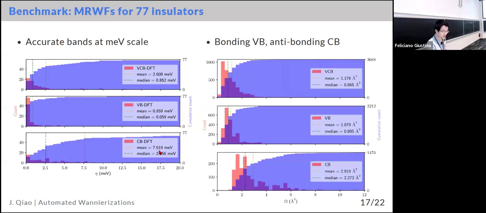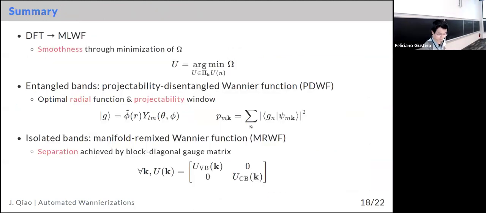This can be explained by the localization of the orbitals. As you can imagine, the bonding orbitals should be more localized. Indeed, these are more localized than the valence plus conduction band, whereas the anti-bonding orbitals are much more delocalized than the valence band. So this will reduce the valence band interpolation error and increase the conduction band interpolation error.